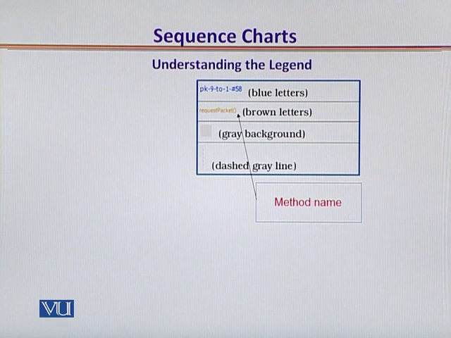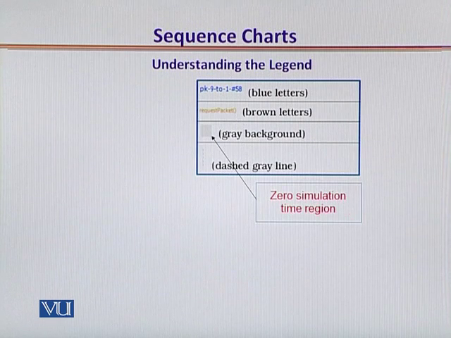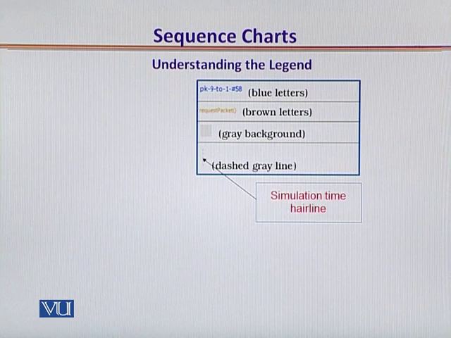The method that is invoked is shown in brown. We'll come to the concept of the zero simulation time region later, but for the sake of brevity here, I'll just say that when two events occur at the same time, they both are given the color gray. And the literal time on the time axis is shown using the dashed gray hairline.